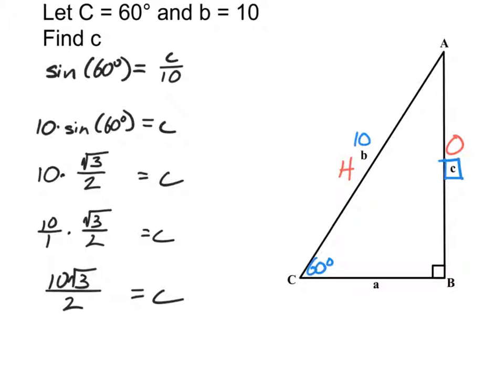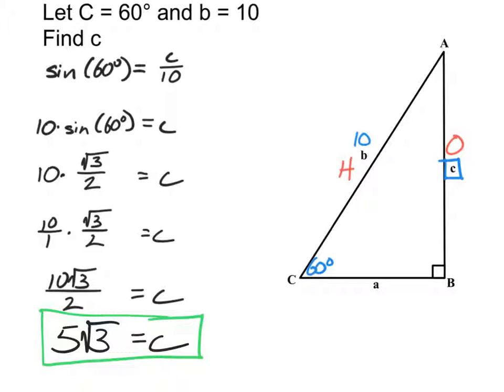Yes, because you'll notice here the 10 over 2 reduces. I can divide them both by 2. And so then that gives me 5 root 3 equals C. That is then as good as I can make that, so that's my final answer. Since I can give the exact answer, I am giving the exact answer.